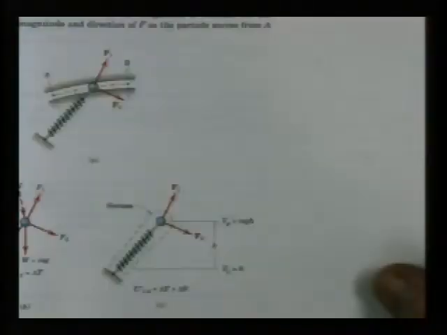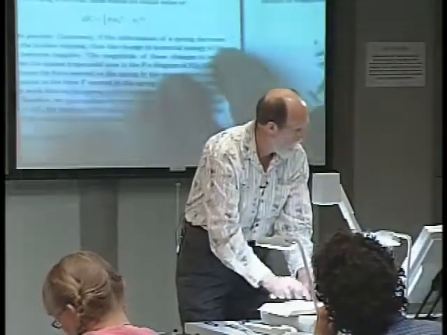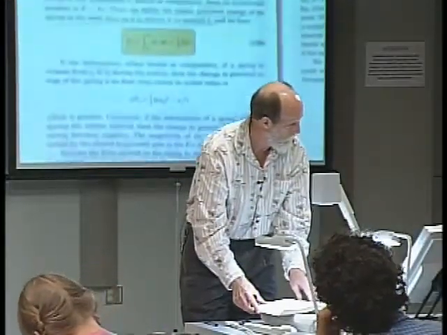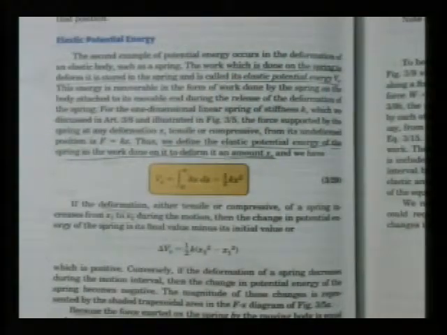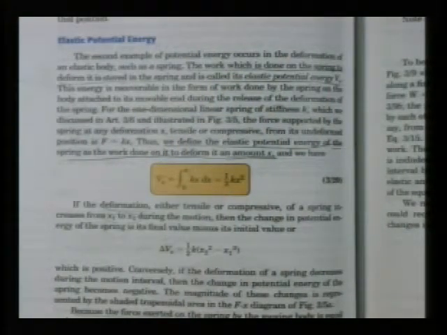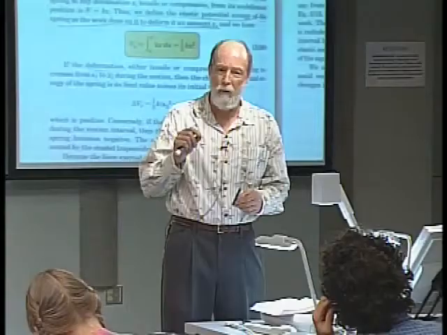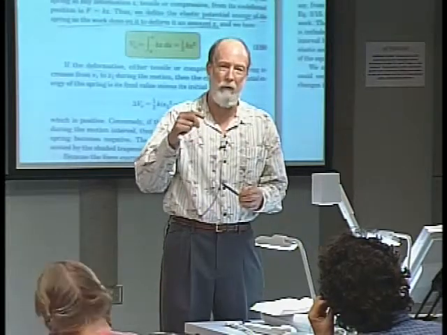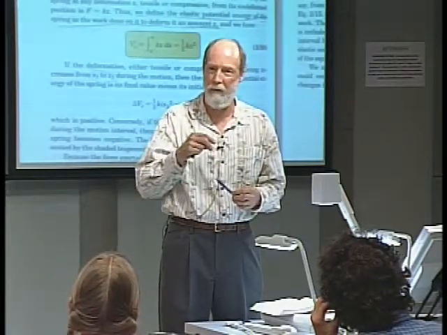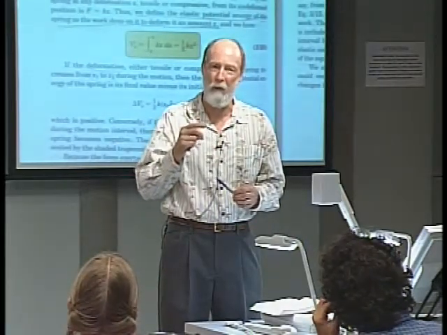The other piece, on the next page, is the elastic potential. Remember when we did the work done to the spring by a force causing the spring to either extend or compress, the work was negative.